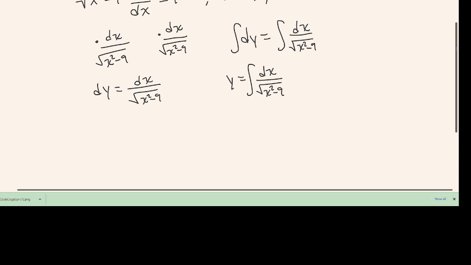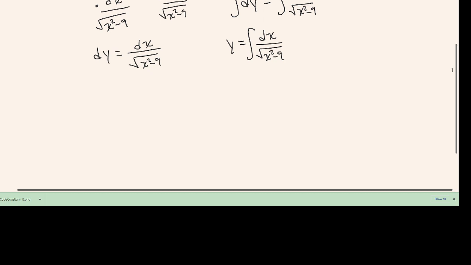And now what we can do is use our trig substitution, because the square root is essentially a triangle. You can think of it in terms of a triangle. So we have the square root of two squared terms, x squared and 3 squared, and they're being subtracted.